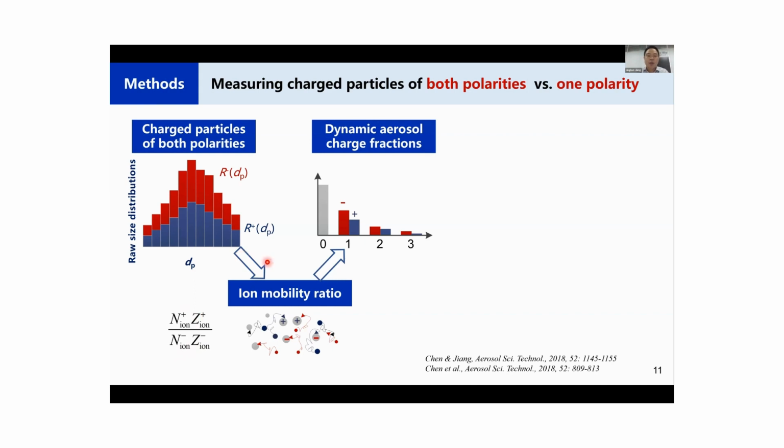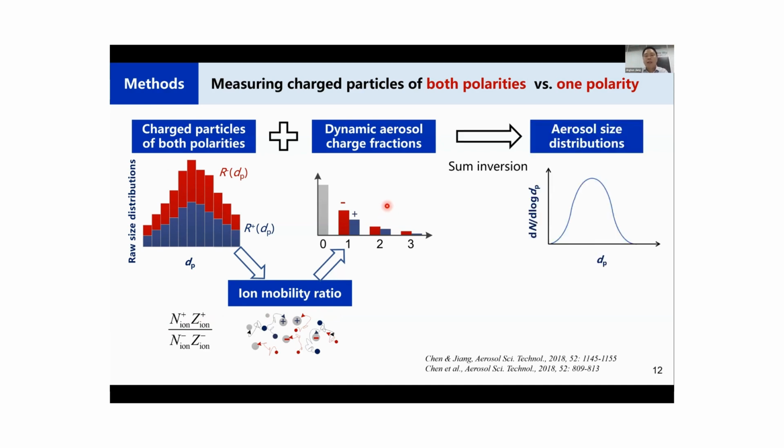We showed that by looking at this relative ratio, we are able to retrieve an empirical parameter called the ion mobility ratio. Basically, it includes both ion concentration and ion mobilities. With this retrieved parameter, we can go back to retrieve the dynamic aerosol charge fraction. What I refer to as dynamic, in contrast to the fixed, is that for any given raw size distribution where you have positively charged particles and negatively charged particles, we can retrieve the ion mobility ratio and the corresponding charge fraction.